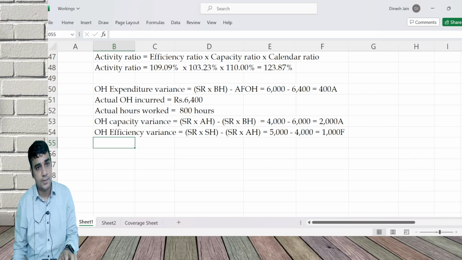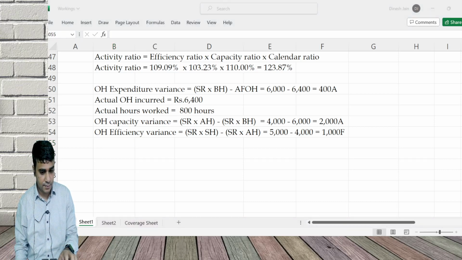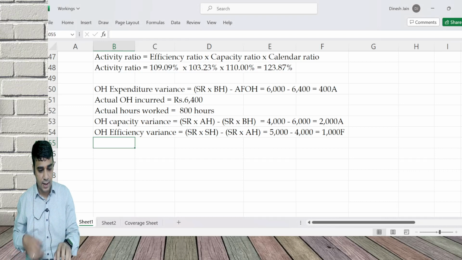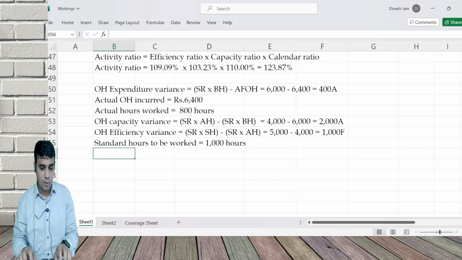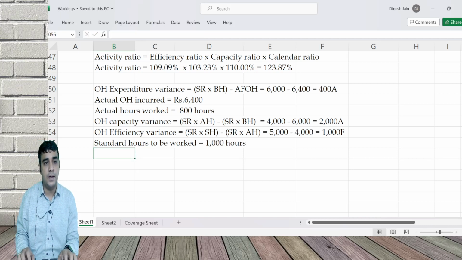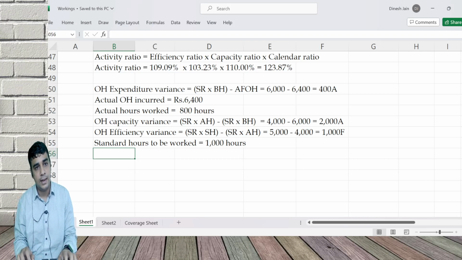Any doubts on this? Last item, standard hours to be worked. We have already calculated this. Once the computation table is done, all things will automatically come from the table. Any doubts on this? Clear?